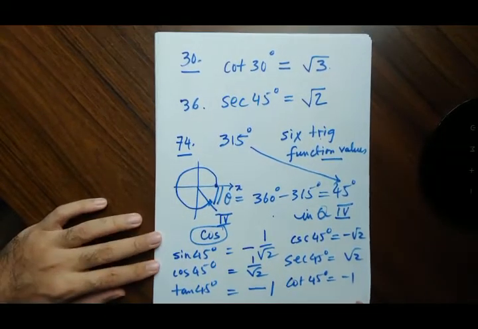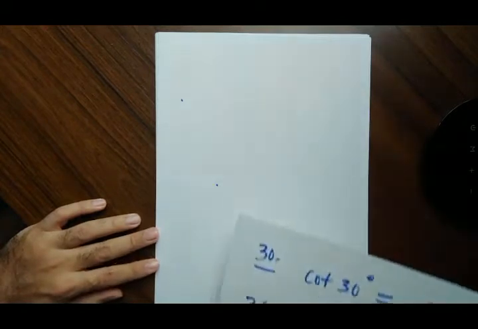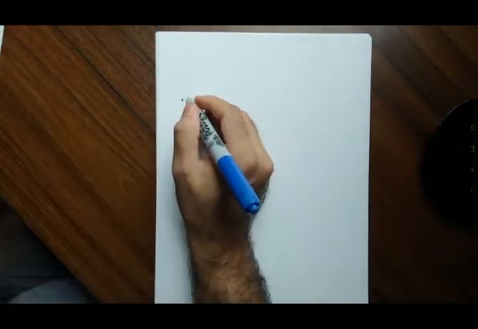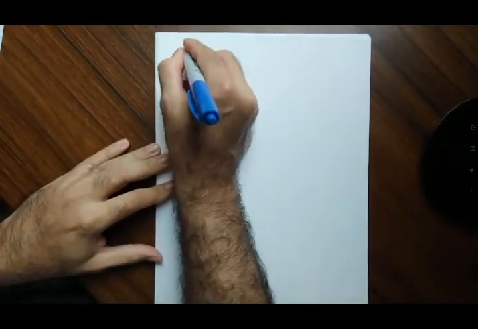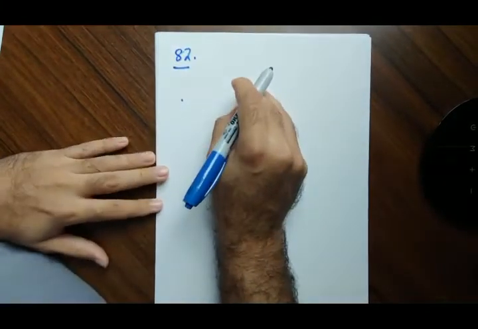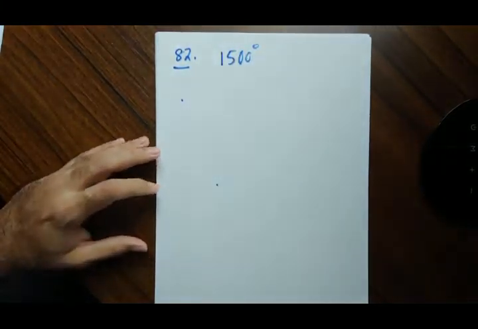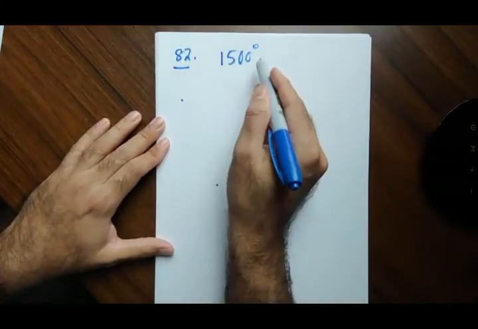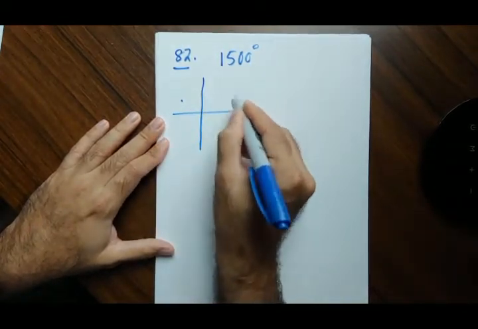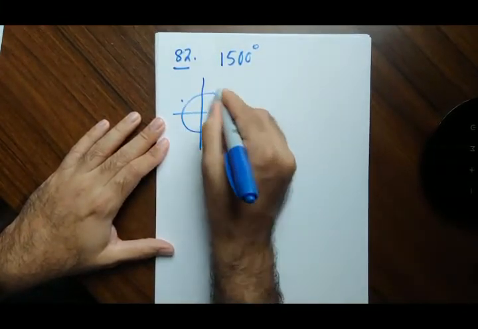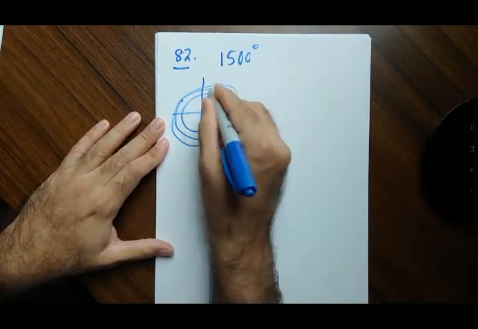So that's the way you solve those problems. Let's try another one. Maybe problem number 82, 1500 degrees. Now that means you have to take multiple rotations from here. 1 time, maybe 2 times, maybe 3 times, maybe 4 times.